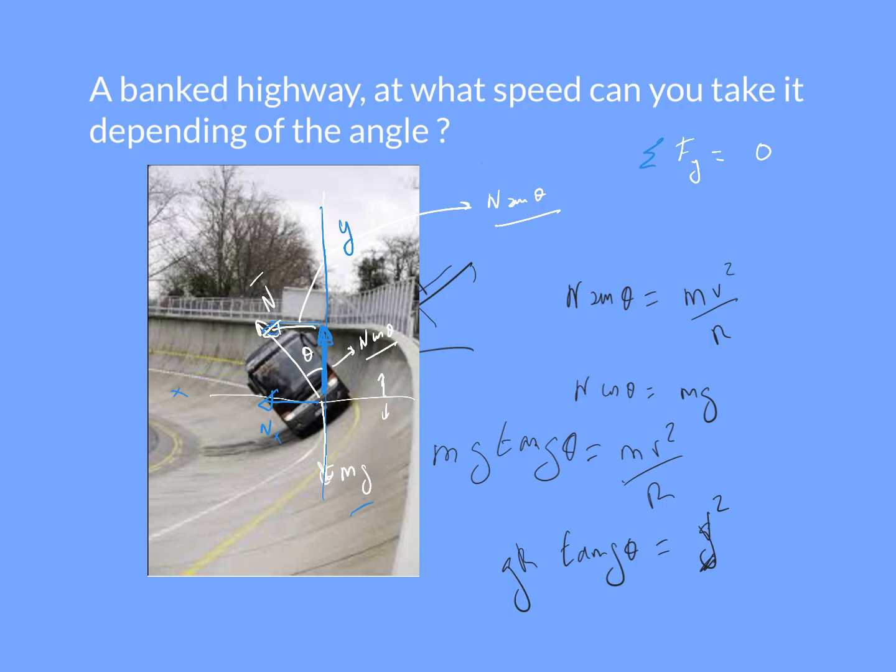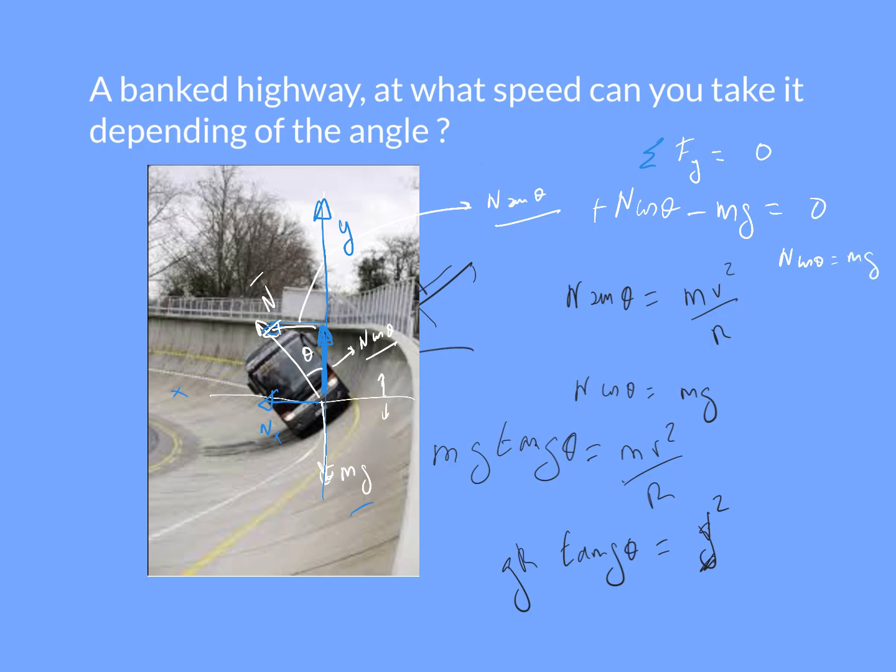What forces are on the y-axis? I see N cosine of theta going upwards, and I choose the positive direction upwards. I also see the mg going downwards, and the sum should be 0. So N cosine of theta should be mg.